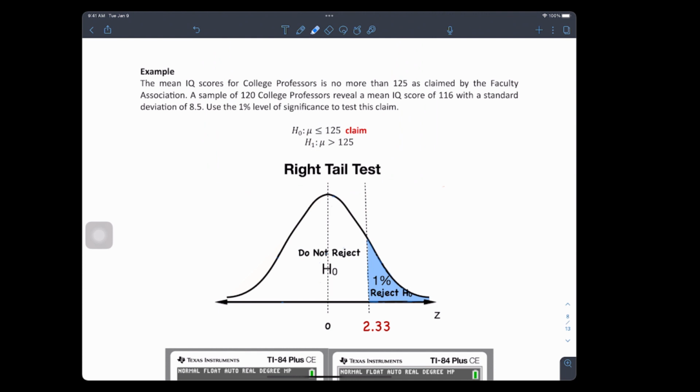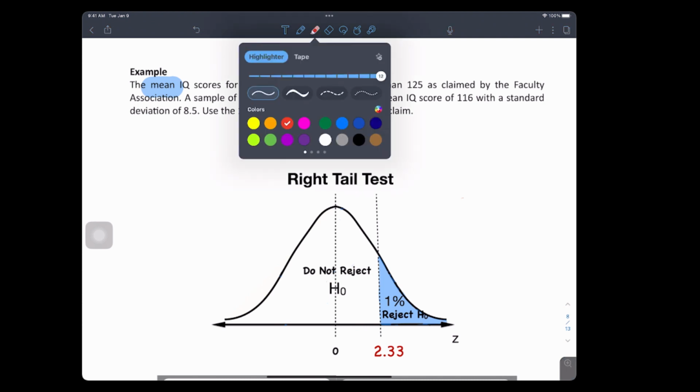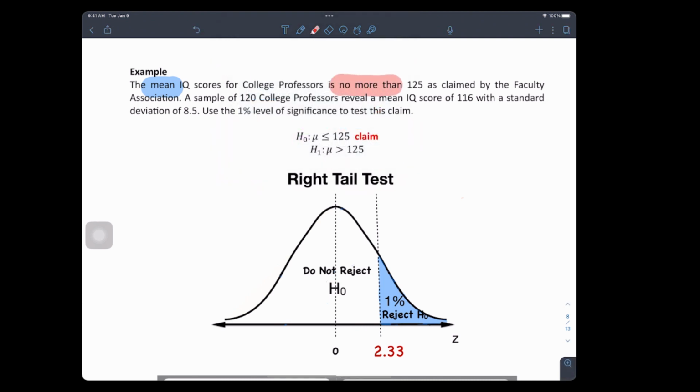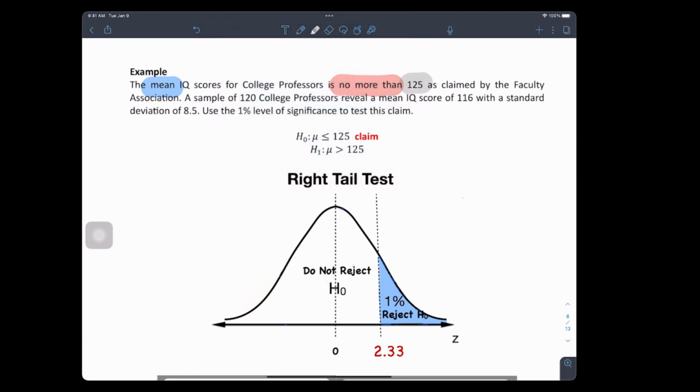You might say, does this work for hypotheses about a mean with large samples? I'll say yes, it does. The mean IQ score of college professors is no more than 125, as claimed by Snodgrass. So what does no more than mean?